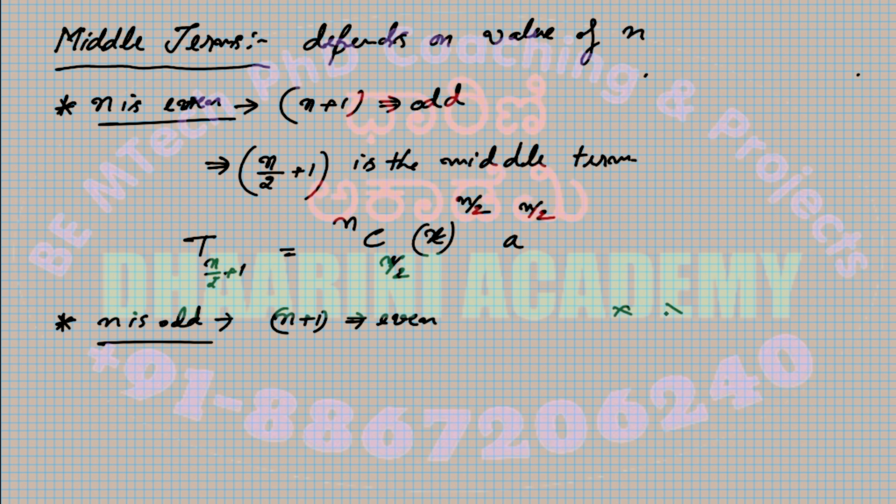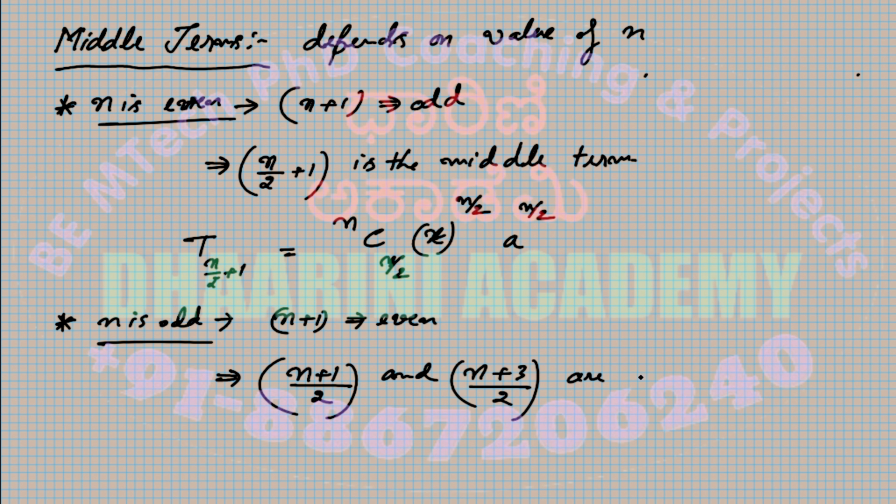If I have, say, totally 4 terms in my expansion, these two are considered the middle terms. There is no single answer, there are two middle terms. One is the ((n+1)/2)th term, and the other is the ((n+3)/2)th term.